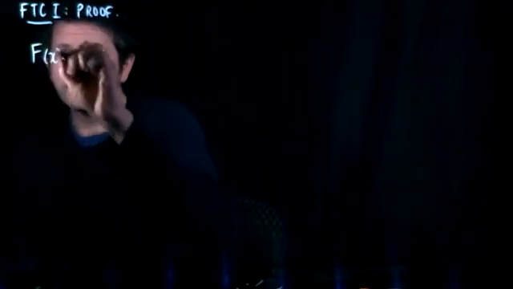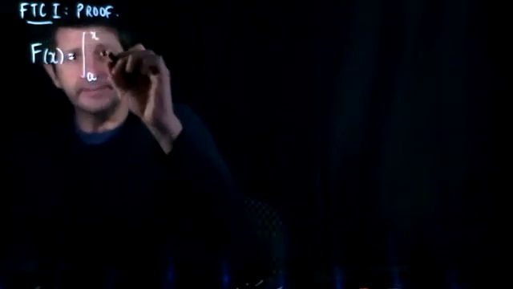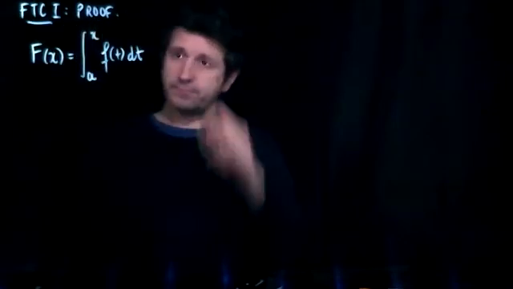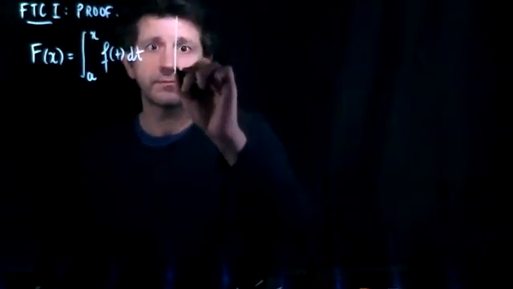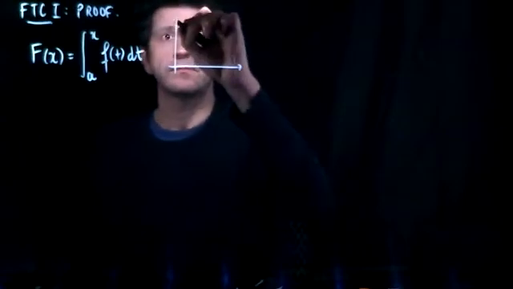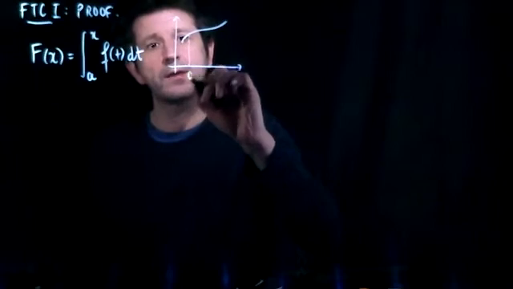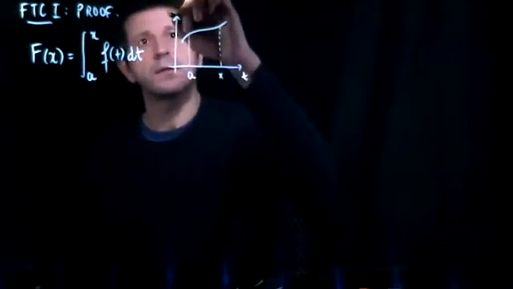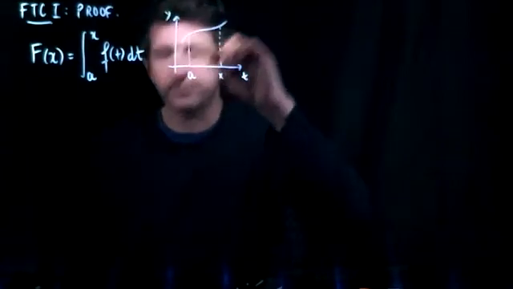So, big F of x, we said, was the area from a to x of small f of t. In other words, this is my area here.